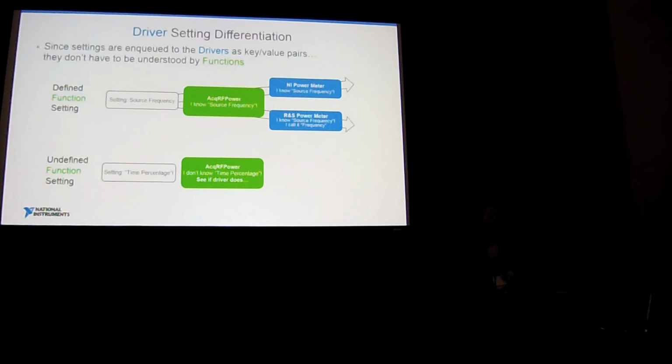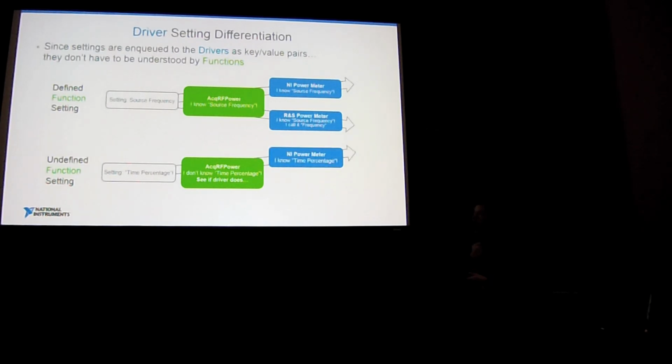Let's say you have an undefined function setting. So you went to your acquire RF power, and you told it by string or a database or a file, set time percentage. And acquire RF power says, I don't know what that means, but it knows that it has a layer under it.